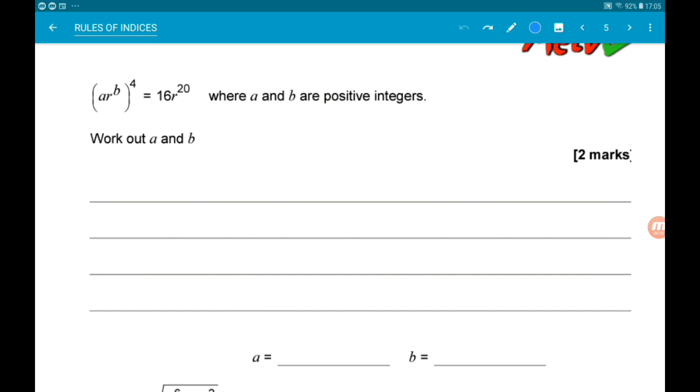So what we're going to do is let the power of 4 inside the brackets. So we're going to get a to the power 4 times r to the 4b is equal to 16r to the 20.